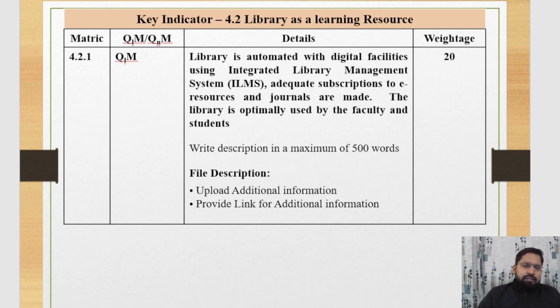In this metric, first you explain about the library, central library, department library, and the hostel library. And if you want, you can also share the area of this library. After that you can explain the number of books and reference books available in the library.